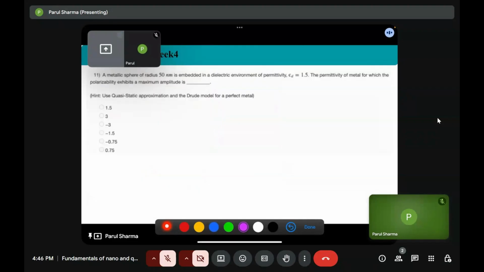So next question: a metallic sphere of radius 15 millimeters. What does it imply? The quasi-static approximation is valid.